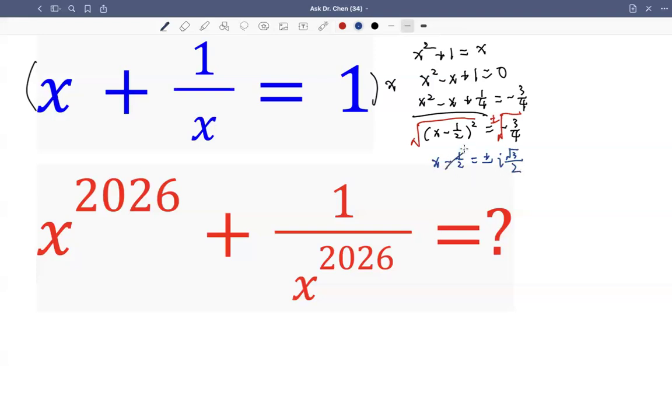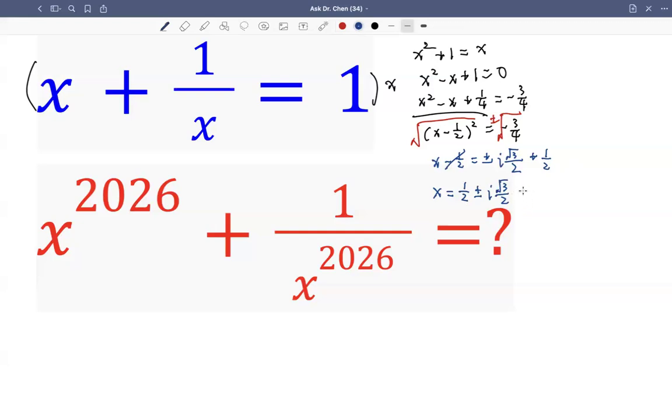Then move this negative half to the other side, it becomes plus. So we get x having 2 imaginary numbers. So it's a half plus minus i, which indicates the imaginary part, square root of 3 over 2. All right, so how does this help us?